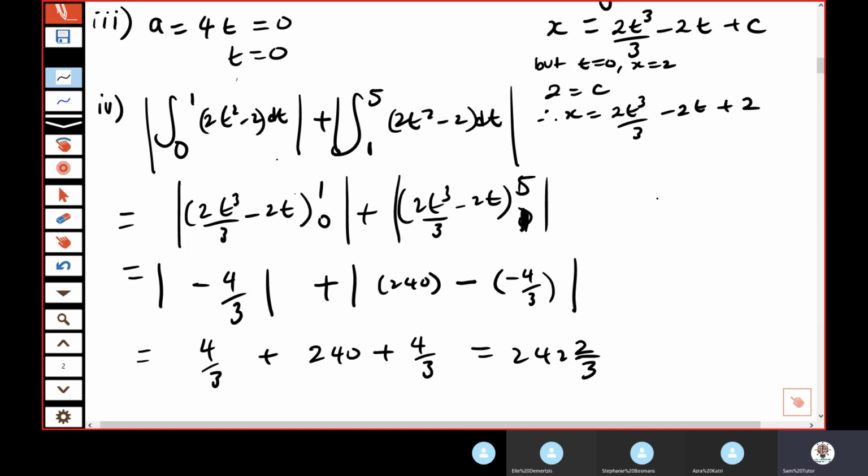If you're curious, I guess we could have seen what happens with 5. Let's see, if you had done it from 0 to 5, the answer would have been 2t cubed on 3 minus 2t, 0 to 5. You know 0 is not going to do anything, so you're just going to sub in 5. So 2 times 5 cubed on 3 minus 10 is 73.33.